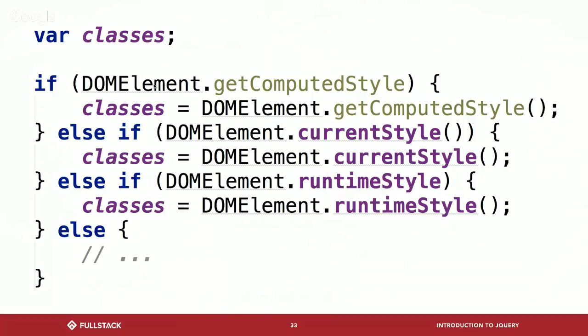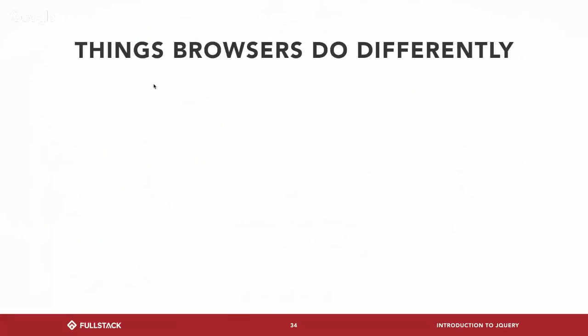Basically, in asking whether the DOM supports these different things, what you're really doing is browser sniffing. You're determining what the browser is, and that's going to determine what code you end up running. There are a lot of things that browsers end up doing differently, okay?